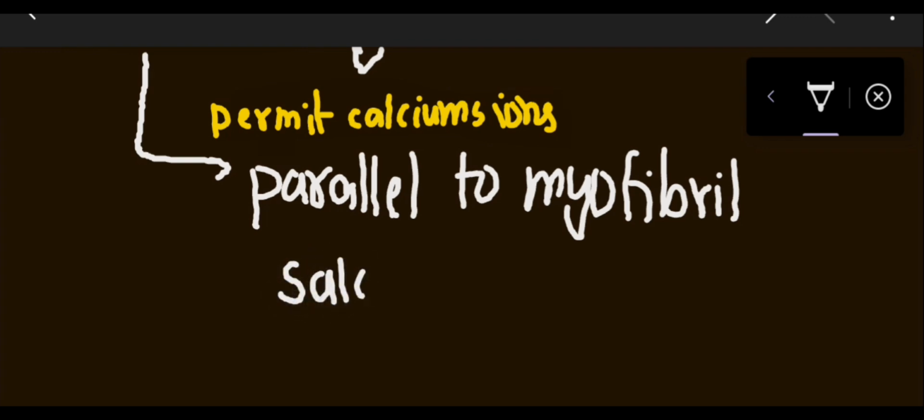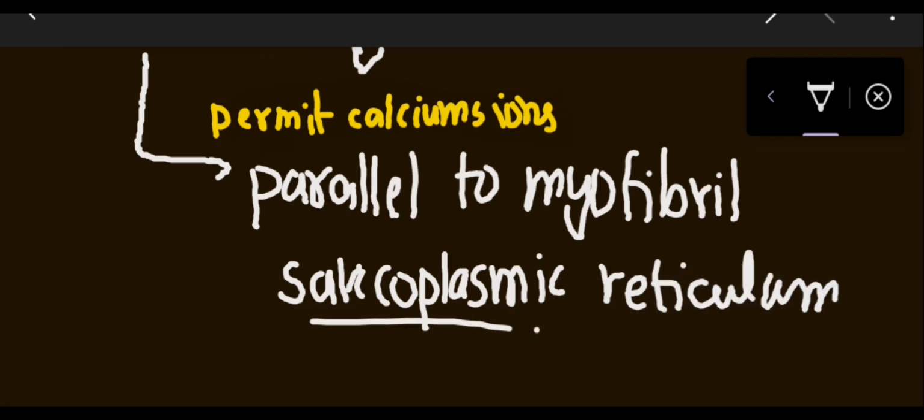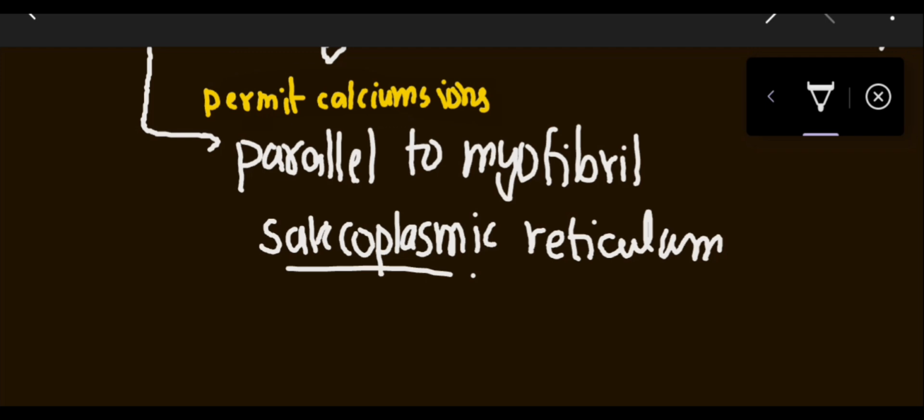As we have the reticulum in our cell, it is one type of organelle. So here we have the sarcoplasmic reticulum.